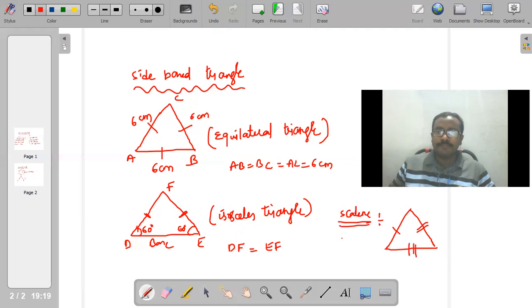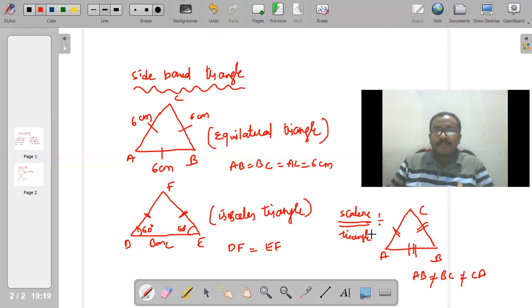I am using different symbols here, 1, 2, and 3. Taking A, B, C, AB is not equal to BC, which is not equal to AC. This type of triangle we call a scalene triangle. I hope you understand this.